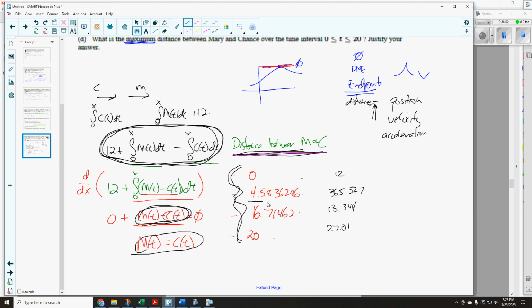So you would be identifying that the maximum distance between Mary and Chance over the time interval is 365.527, and it happens at 4.583 minutes.